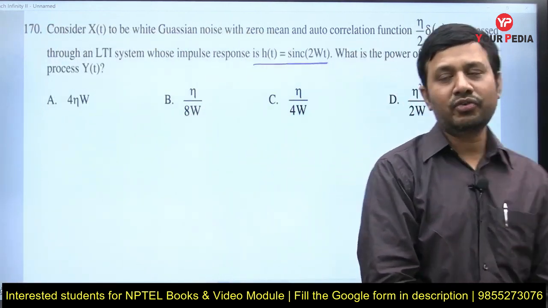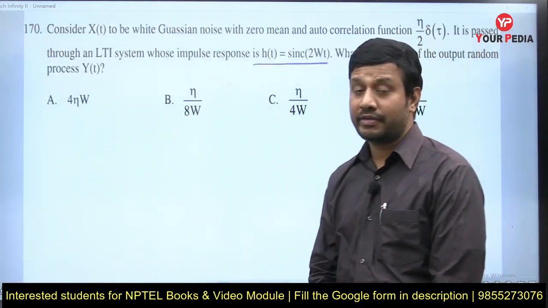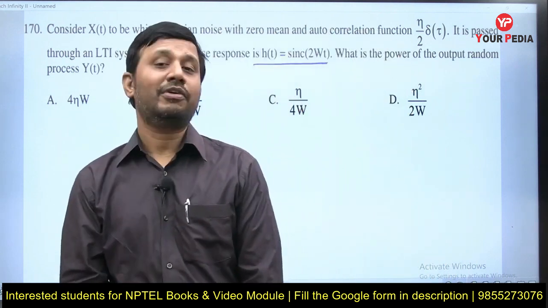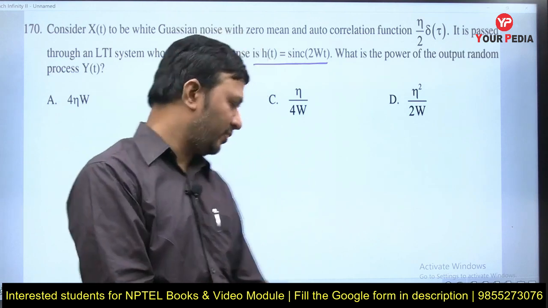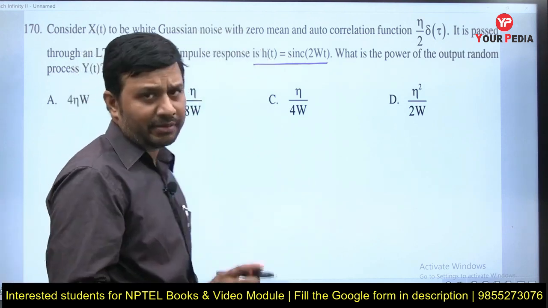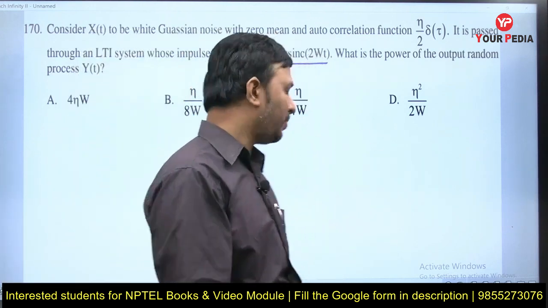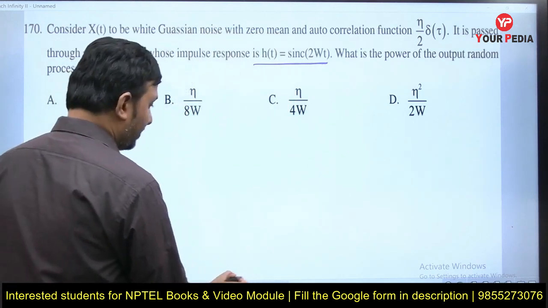In order to solve this problem, what concepts must you know? A lot of concepts from communication as well as signals and systems. Now I'll explain every concept and we'll try to solve this problem. What is the first concept?